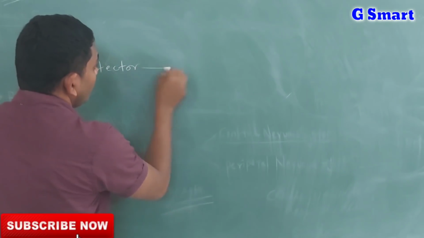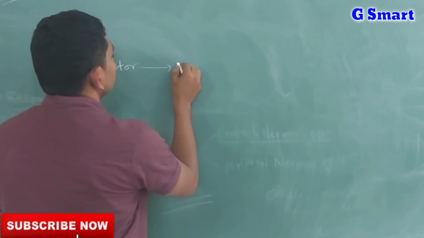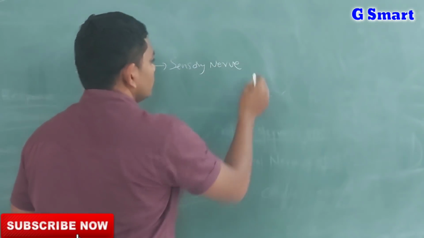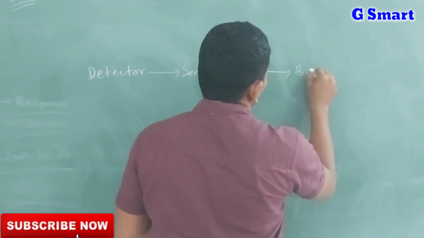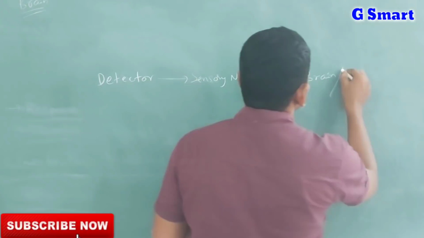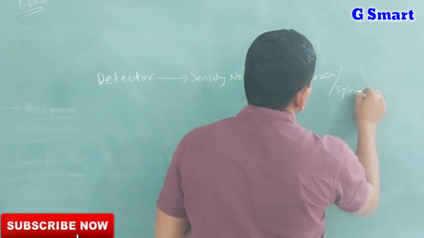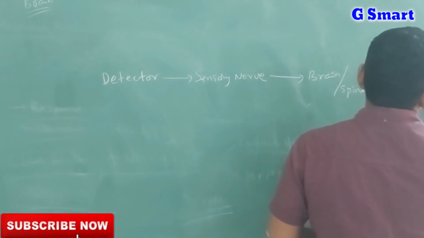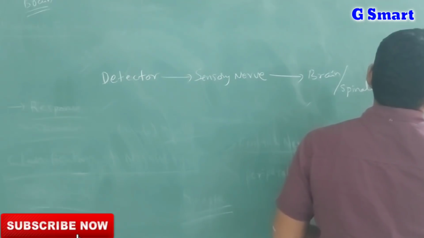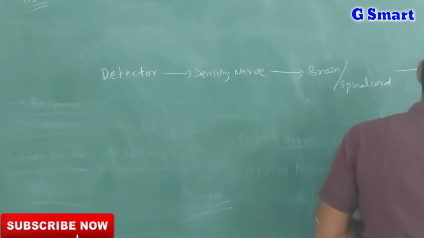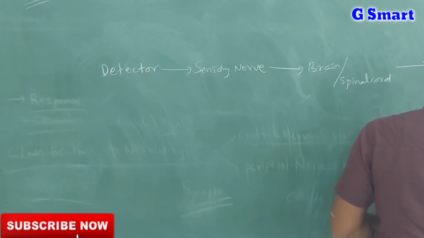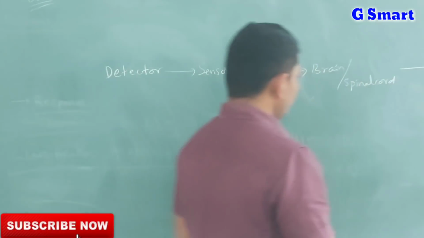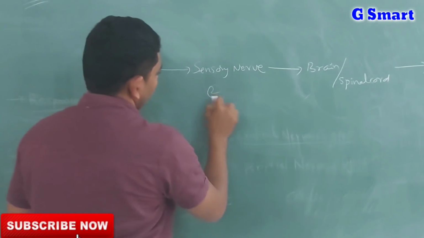Detector, and sensory nerves, and brain or spinal cord, and motor nerve, then effector organ. So here we can see five important parts.